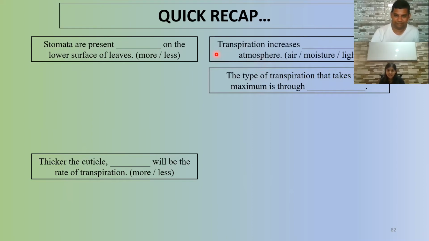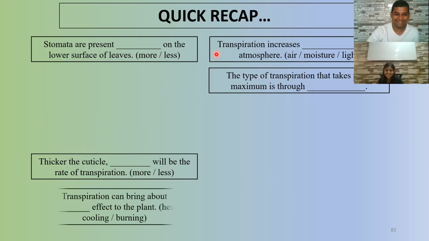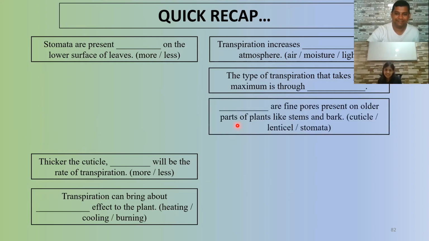Transpiration increases dash in the atmosphere. Moisture. Next. Transpiration can bring about dash effect to the plant: heating, cooling, burning? Cooling. Very good. Next.